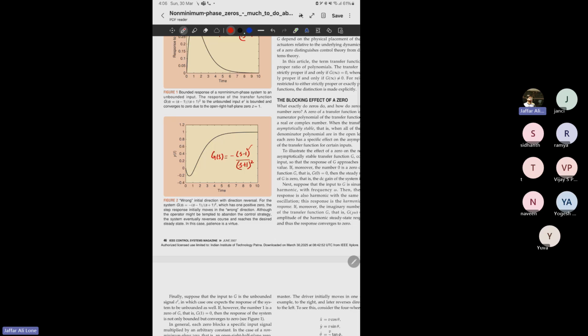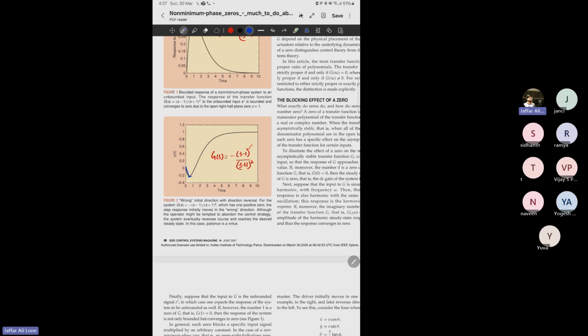So actually, the response should have been something like this, right? If there had been no zero in the right half, the response should have been like this. But what is happening here? The response initially goes in the wrong direction and reaches this point, then reverses its direction and comes into the right direction. So this is the effect of adding zeros in the right half.